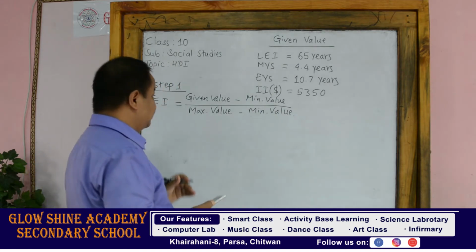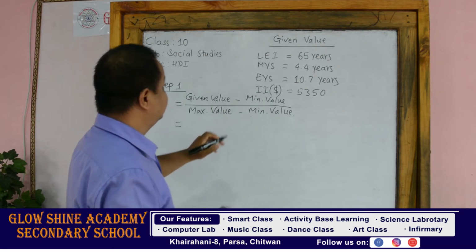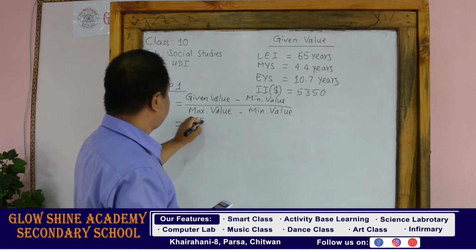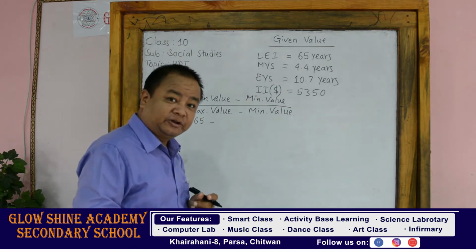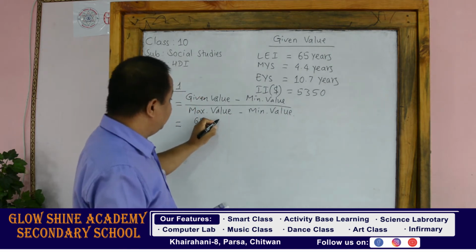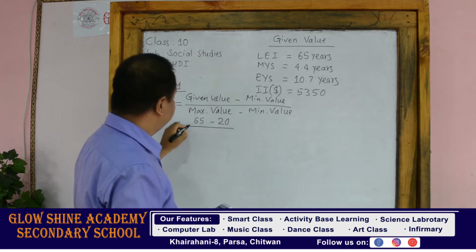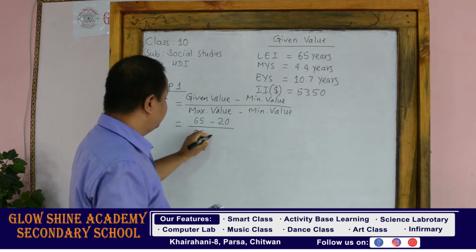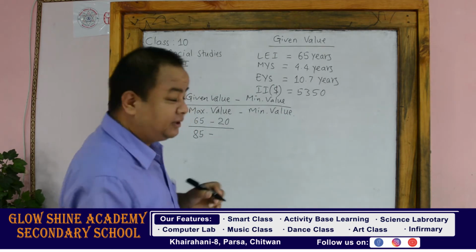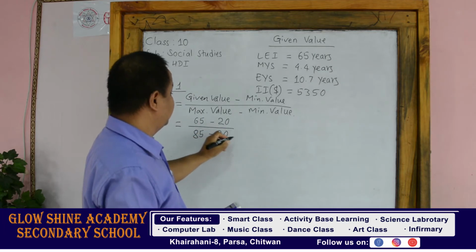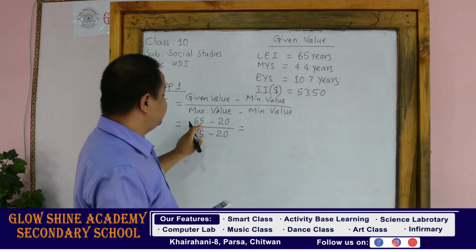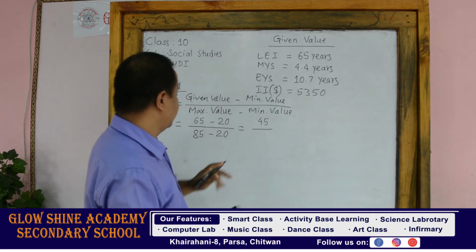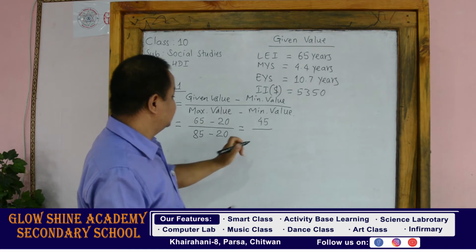Okay, let's start. LEI is equal to given value 65 minus, we know the fixed value, the minimum value is 20. The maximum value is 85 and minimum value is 20. Is equal to 65 minus 20, 45, divided by 85 minus 20, 65.